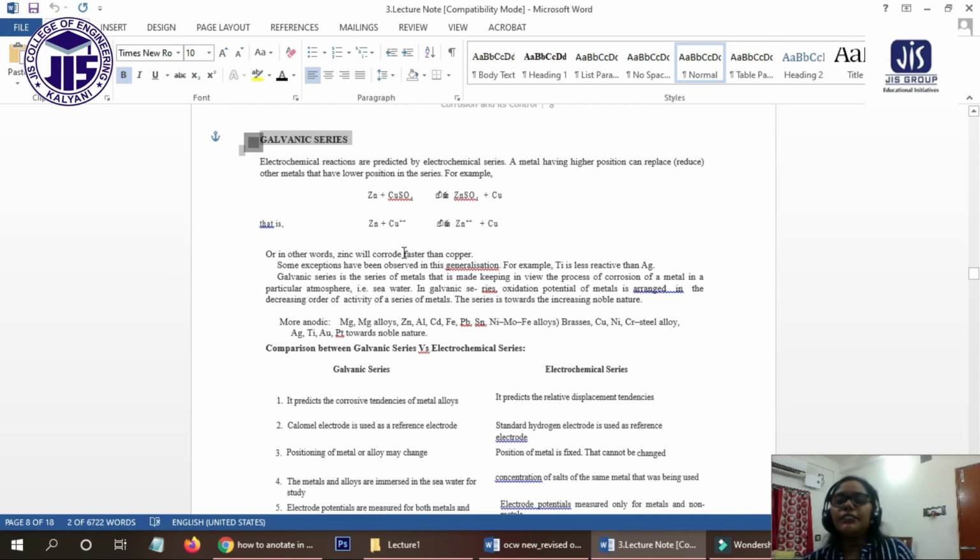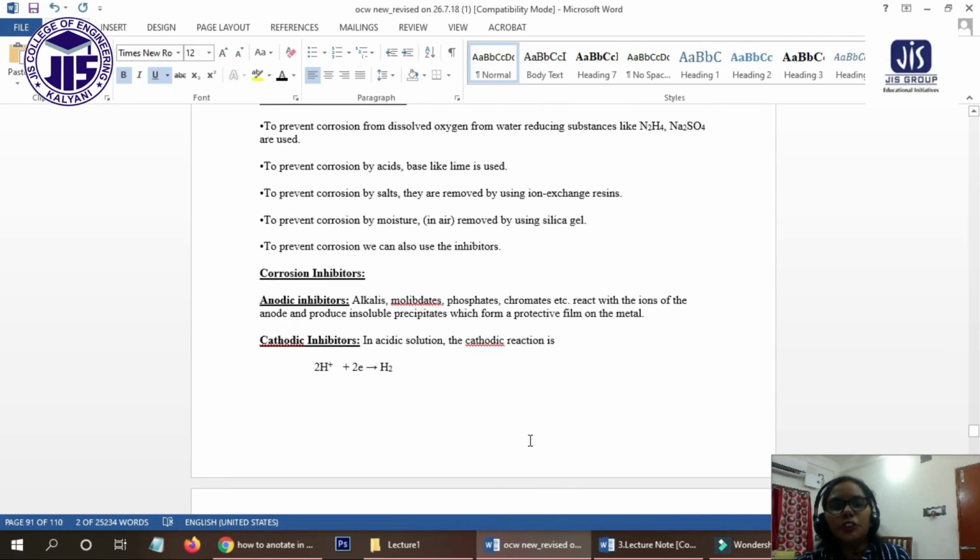In the galvanic series, the metals are arranged according to their oxidation potential. The higher the oxidation potential, the higher the tendency to corrode. These are some of the series that we discussed. Next we discussed the prevention procedure.